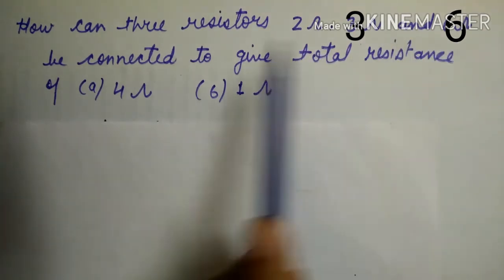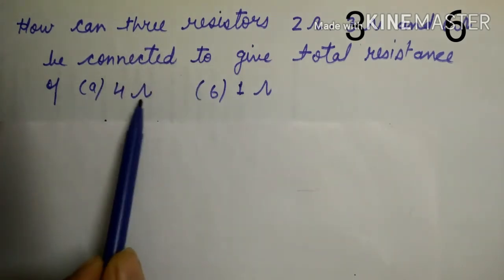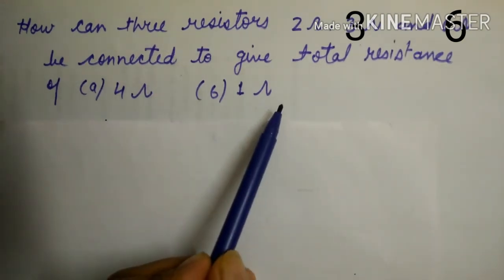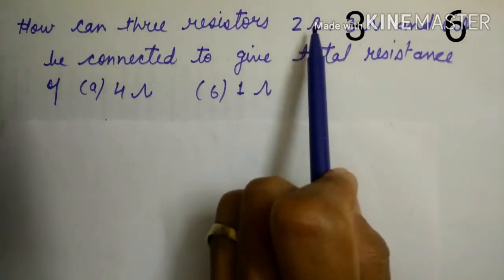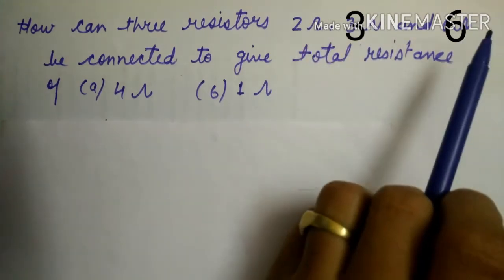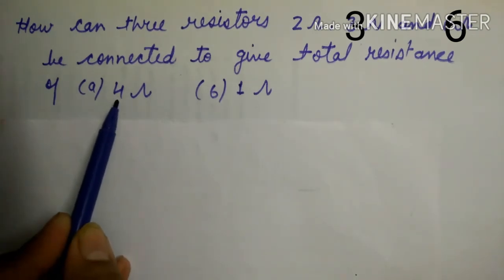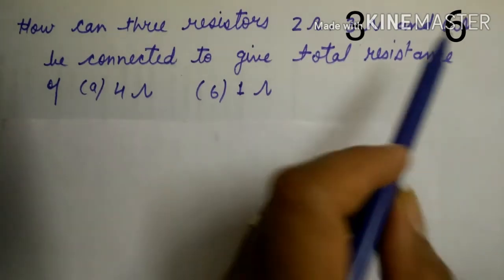Now, how will we connect them? हम उन्हें कैसे कनेक्ट करें कि हमें उनका टोटल रेसिस्टेंस फर्स्ट केस में 4 ओम मिले और सेकंड केस में 1 ओम मिले. नाउ सी द वैल्यू ऑफ दीज रेसिस्टर्स रेसिस्टेंस 2 ओम, 3 ओम एंड 6 ओम. इन फर्स्ट केस वी वांट द टोटल रेसिस्टेंस 4 ओम. हम इनको कैसे कनेक्ट करें कि 4 ओम मिले?